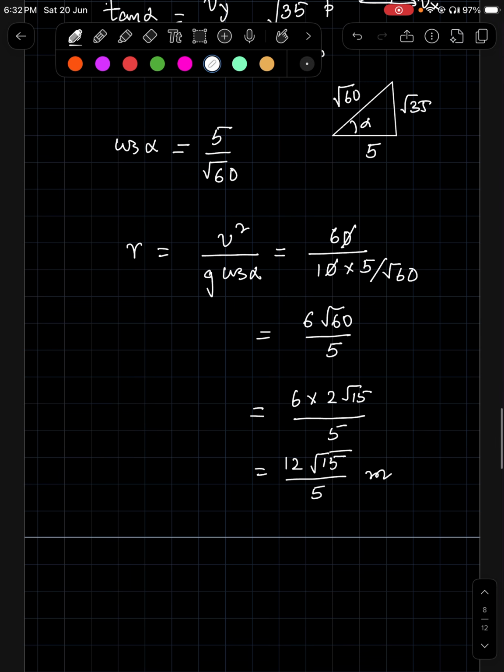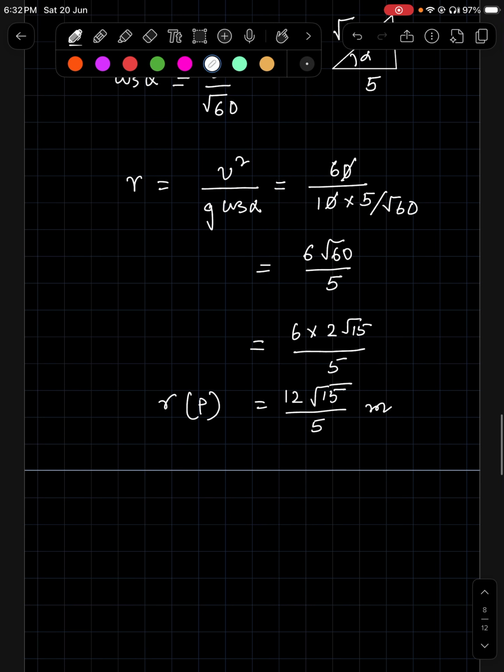So at the point P, the radius of curvature is given by this. After that, you can get the value from a scientific calculator, or there are various other ways to get the value using the binomial expansion of root 15. So you will get the value all by hand.